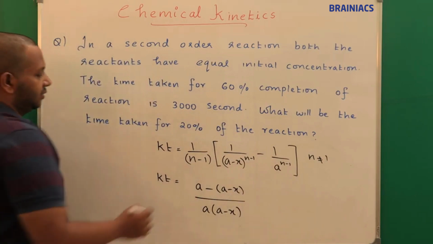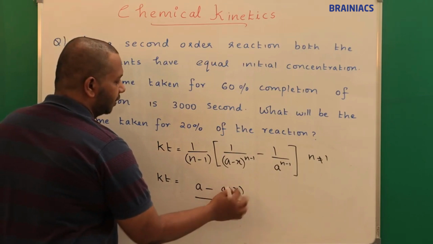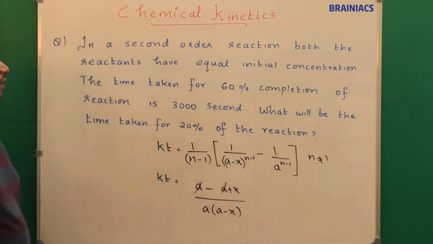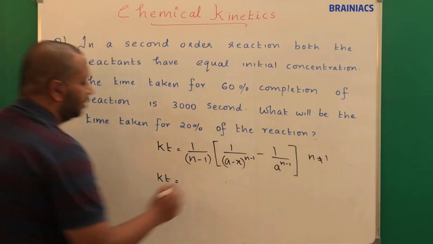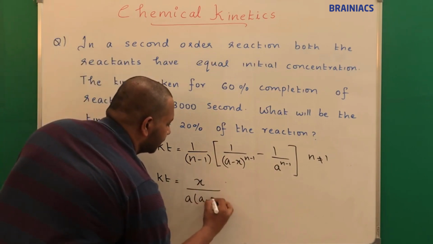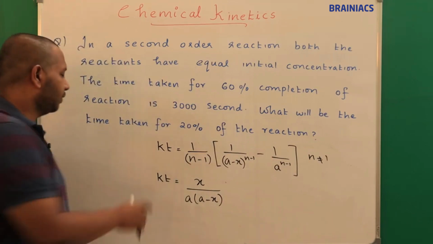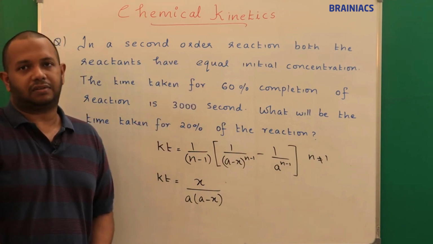If you open the bracket, this becomes minus a and this becomes plus x, and this will get cancelled off. So finally my equation is Kt is equal to x divided by a into a minus x. This is the equation. Now let's apply the condition and first calculate the rate constant K for this second order reaction.